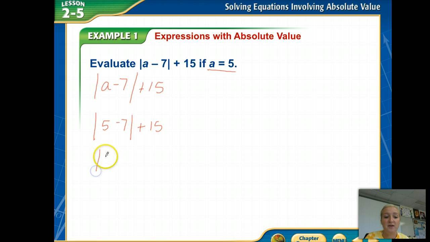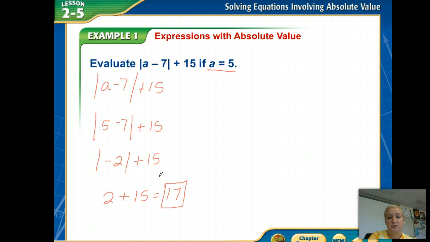So the absolute value of 5 minus 7 is negative 2. And the absolute value of negative 2 is 2. And 2 plus 15 is 17. So that is how you evaluate with absolute values.